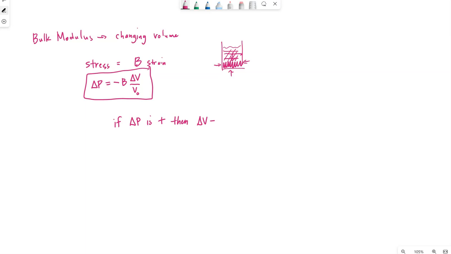The final volume will be smaller than the initial volume. And the opposite is true. If delta P is negative, meaning the pressure got smaller, then delta V will be positive. The object will expand. And so that's why there's the negative sign in the equation, just to balance out the fact that delta P and delta V are always opposite in sign.